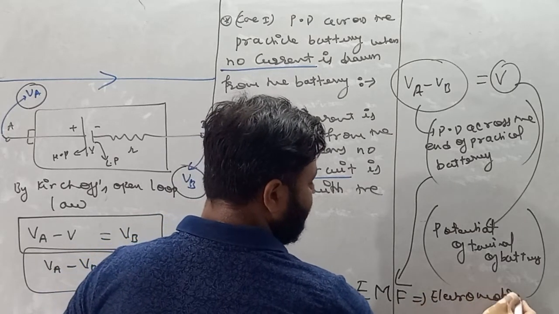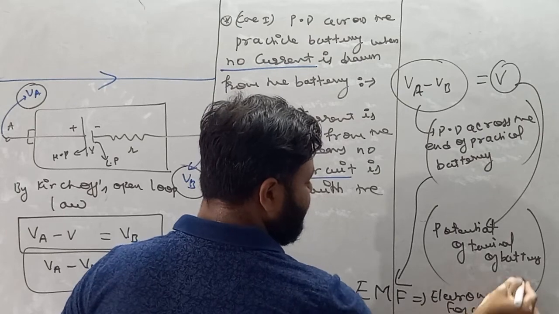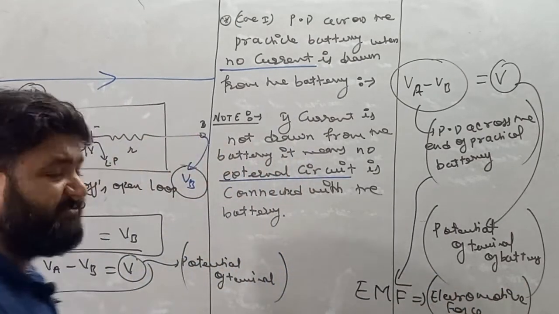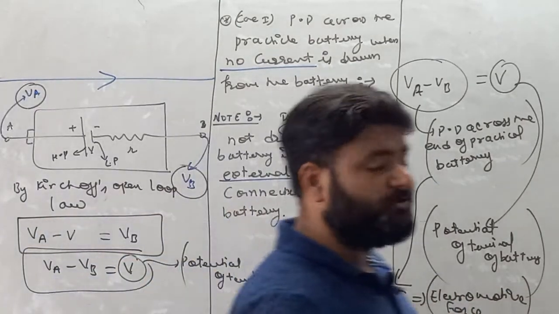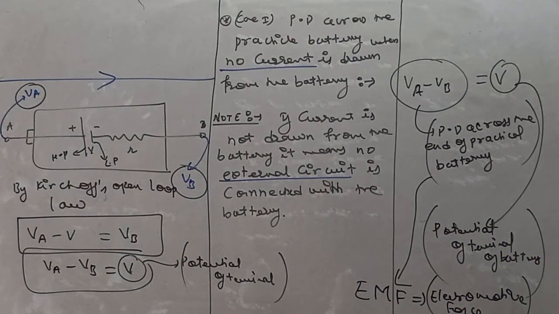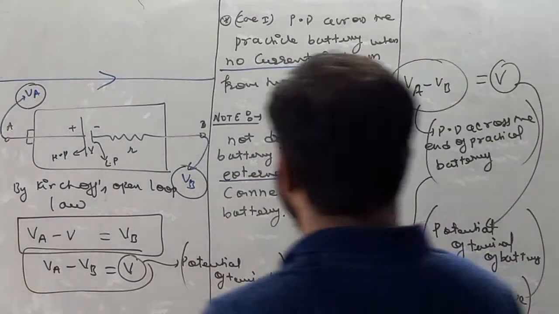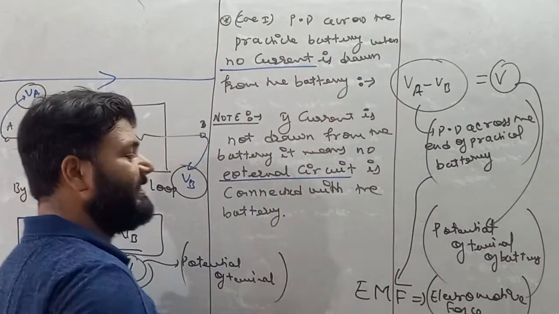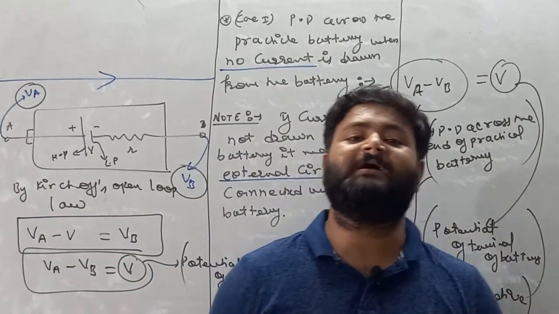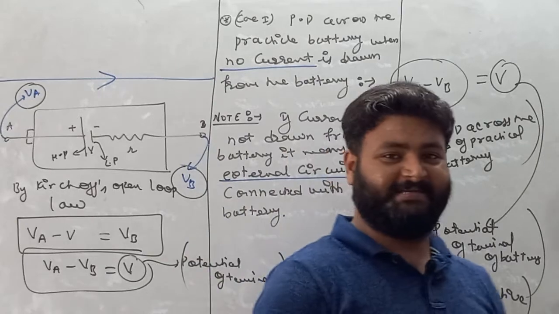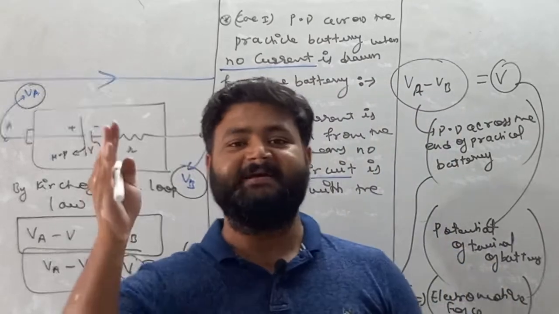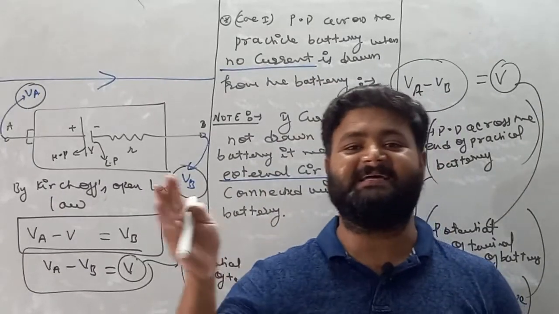So the potential across the terminals of a practical battery when no current is drawn from the battery equals the potential of the terminal of the battery. This potential is said to be EMF, meaning electromotive force. By name, this sounds like a force, but no, my dear student, EMF is not a force. EMF is the potential difference across the ends of a practical battery when no current is drawn from the battery, that is, the battery is not connected with any external circuit.